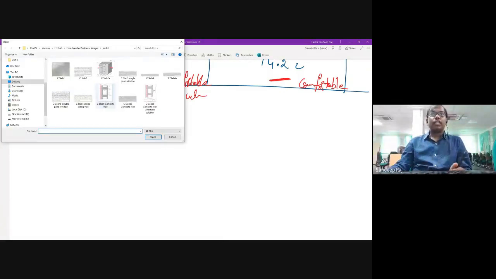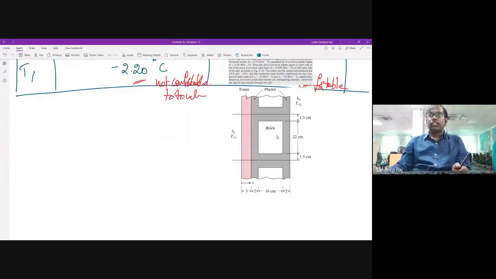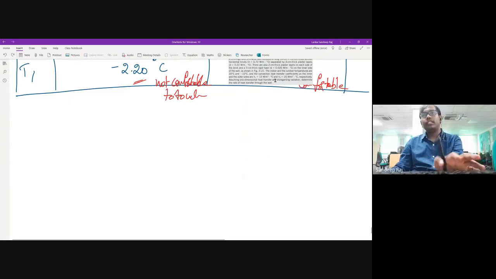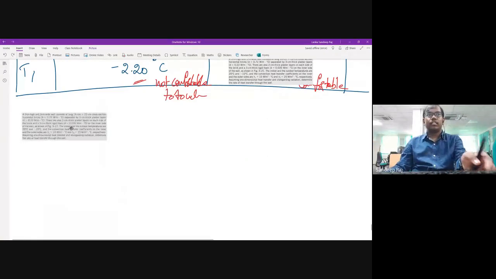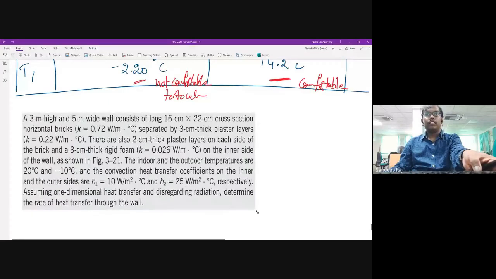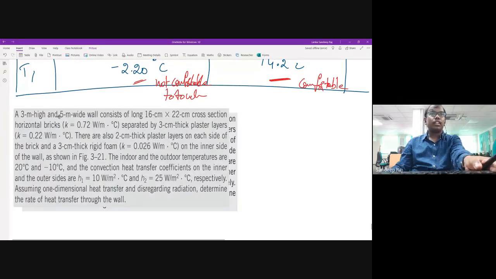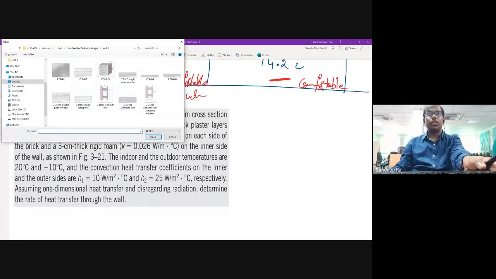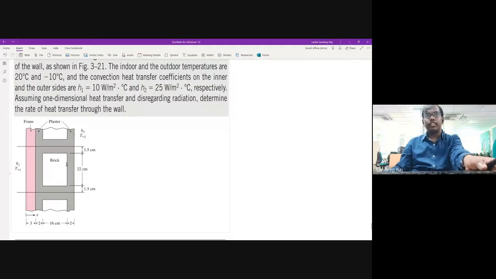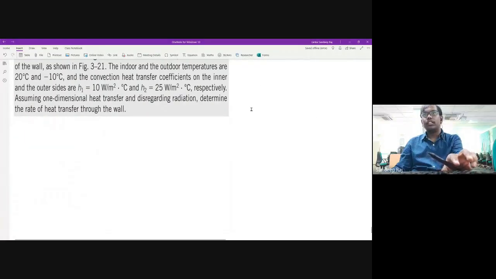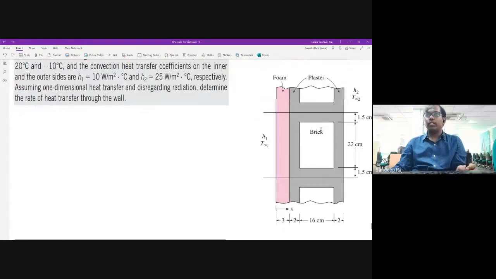See, this particular problem represents your wall. Okay, the normal wall that you have in your home or anywhere.